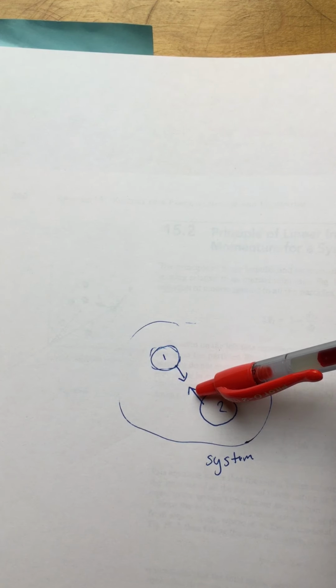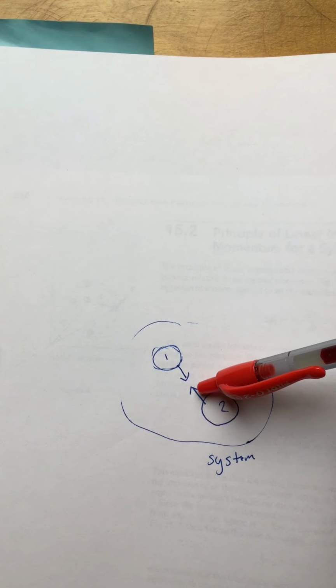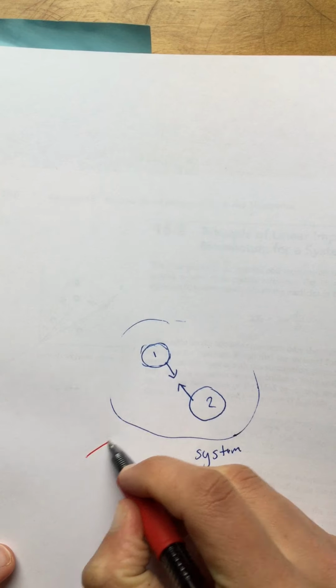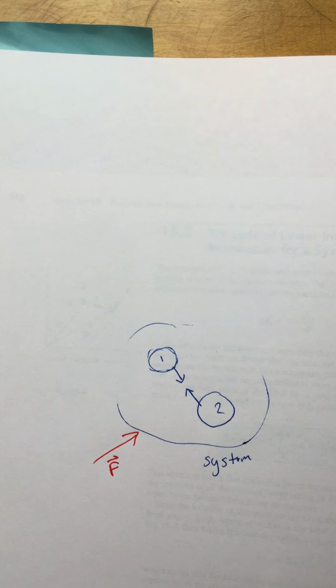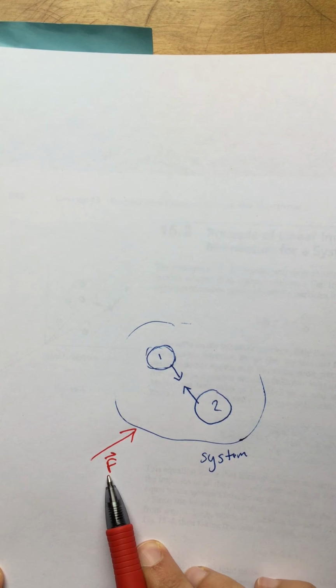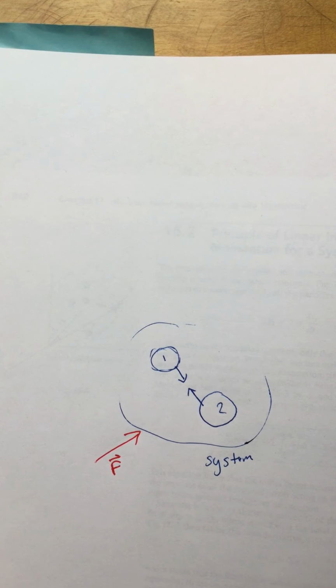We have a pair of forces here, and so if you add the impulse from this force to the impulse from that force, those would cancel out. If you have an external force acting on the system, this would give you an external impulse.